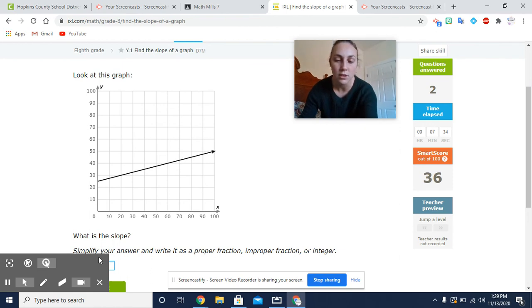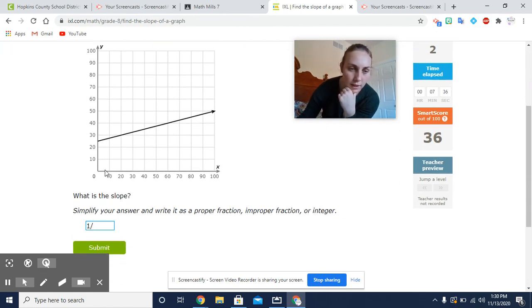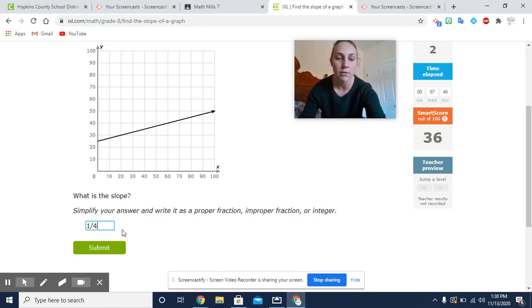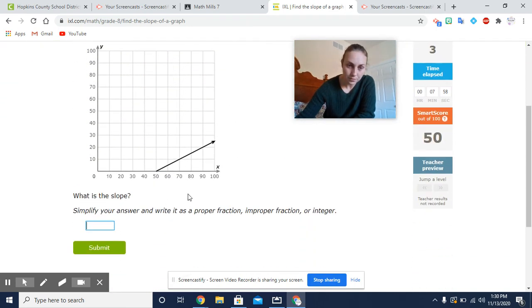So our numerator is 1. And then we figured out how many times we ran. So we ran 1, 2, 3, 4 times. So it would be 1/4. We cannot simplify that fraction any more than 1/4. This is a positive slope because if we had a man in the left-hand corner, he would be moving uphill. So therefore, we are finished, and that is our slope.